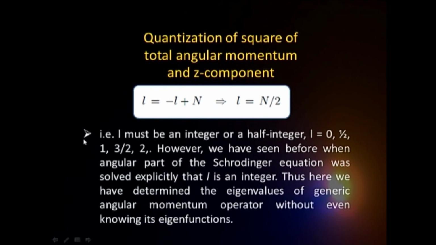So, we get a series of values. The earlier angular part of the Schrodinger equation says that L can be integer, but along with integer we got fractional values, which is a general expression for any angular momentum operator, even without knowing the eigenfunction.